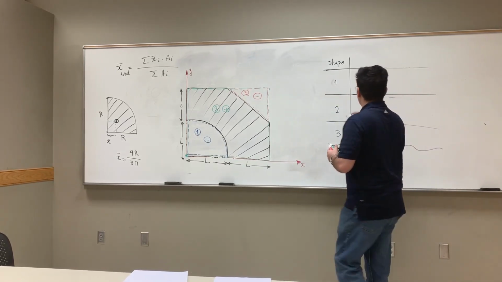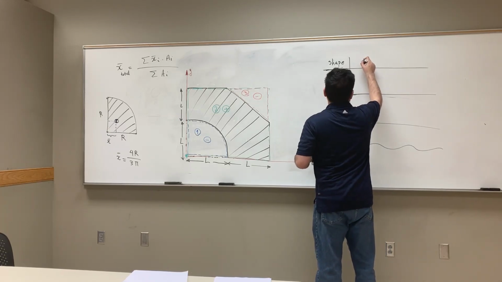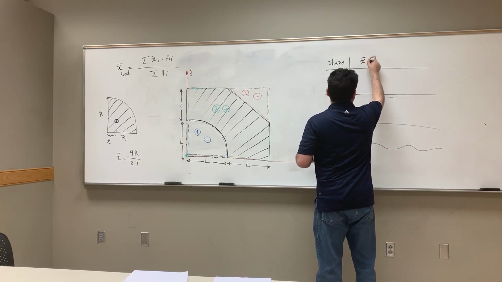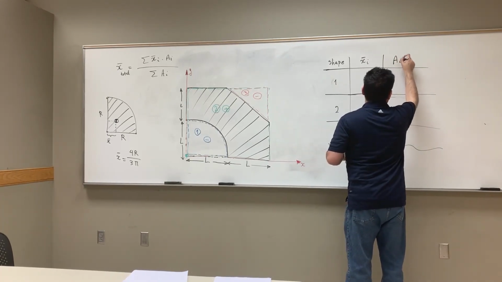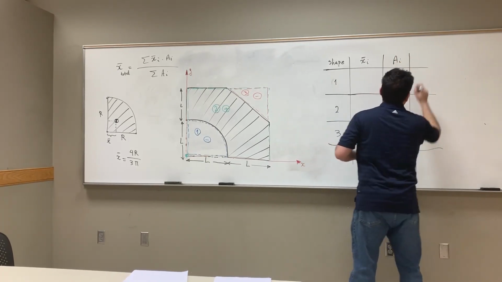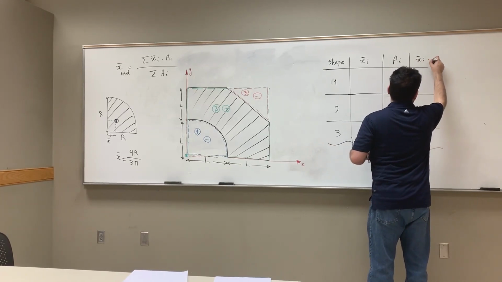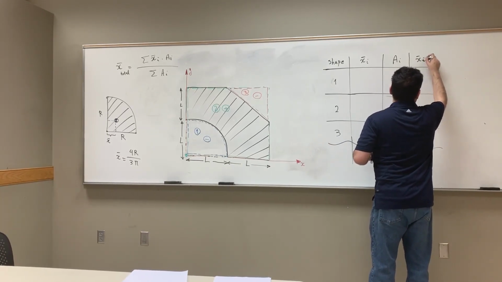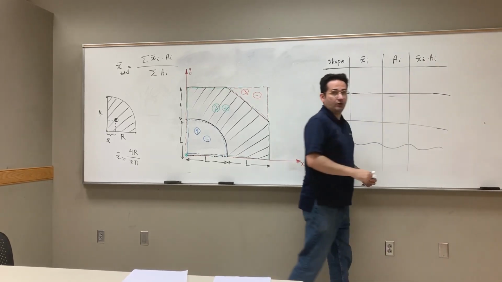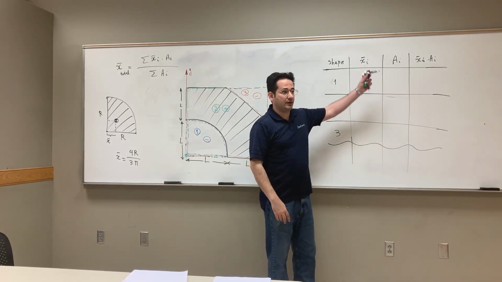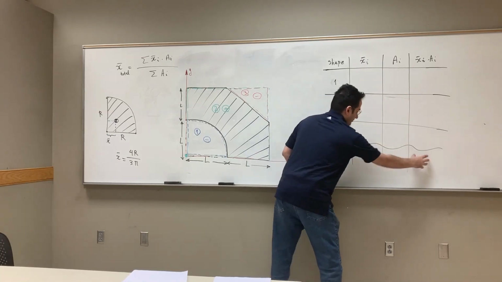That's going to be the sum. So you get x bar I, AI, and x bar I dot AI. And all you need to do is to fill out this table, and then this is the sum.